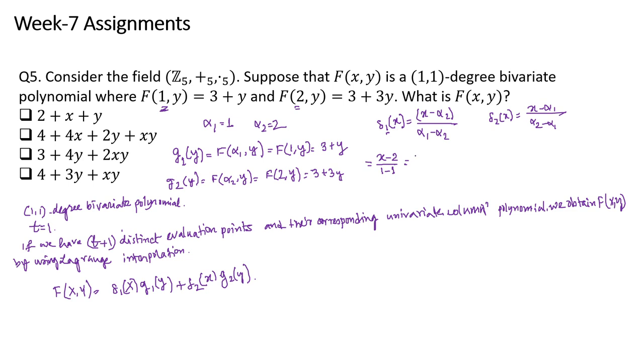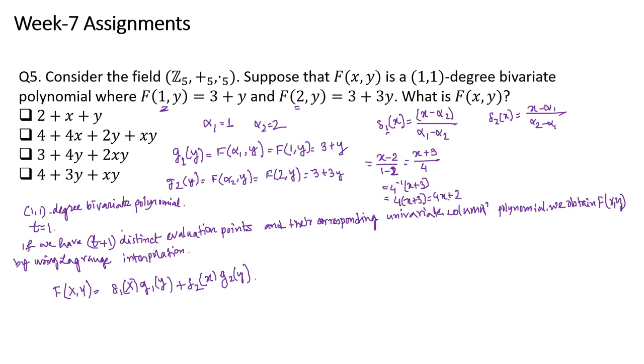Now we are in Z5, so minus 2 is congruent to 3 modulo 5, so minus 2 is replaced by plus 3, and minus 2 minus 1 is minus 1, which is congruent to 4 modulo 5, so as a result we get 4 inverse times x plus 3. 4 inverse in Z5 is 4 only, because 4 into 4 is 16, which is congruent to 1 modulo 5. Right? So the inverse of 4 is 4 only. So this is 4x plus 12, and 12 mod 5 is 2.